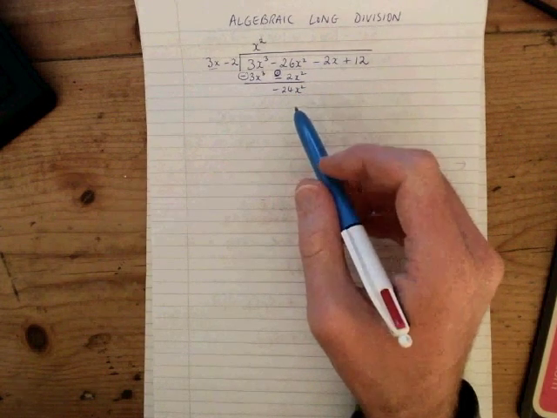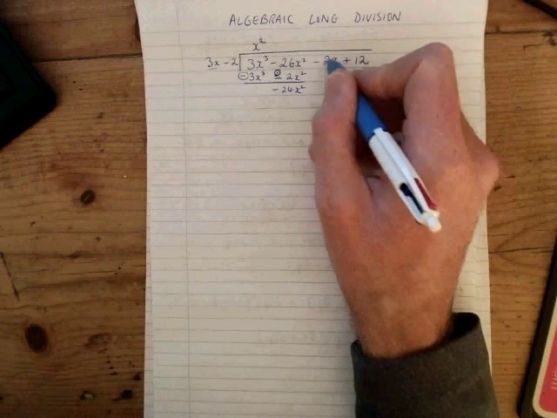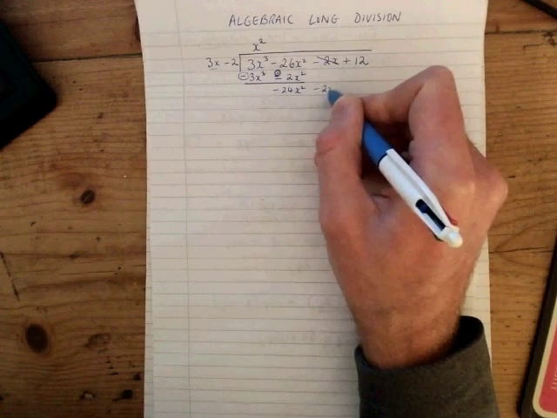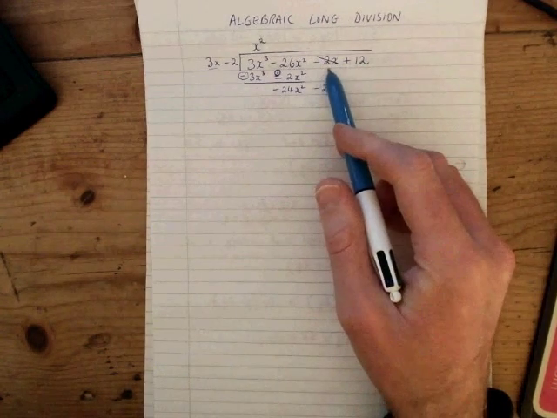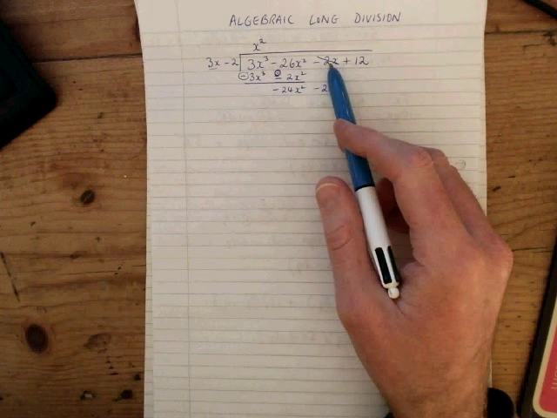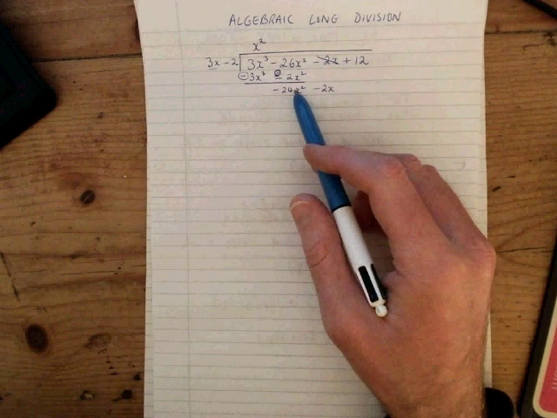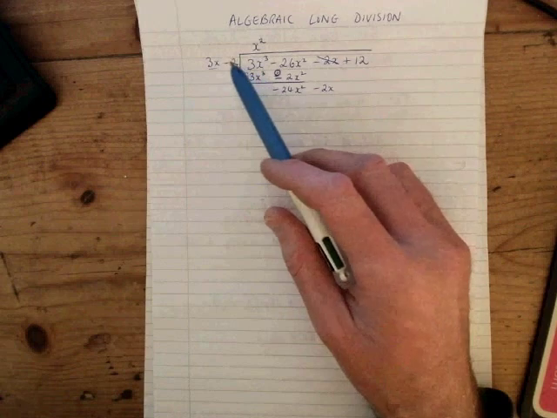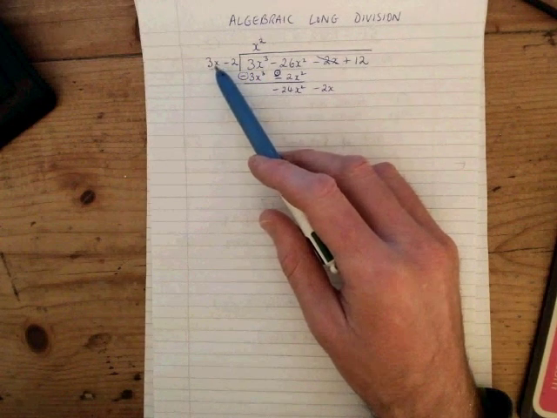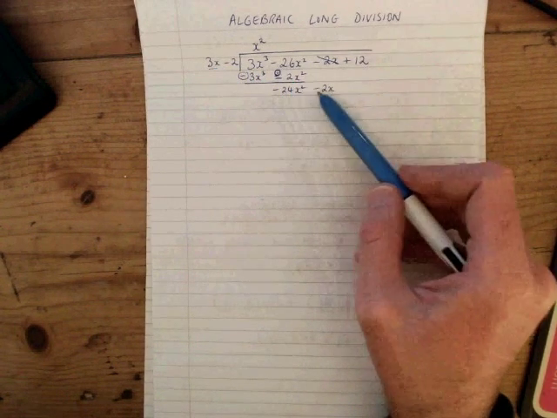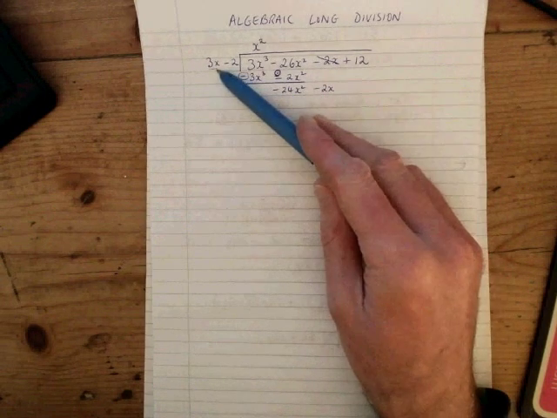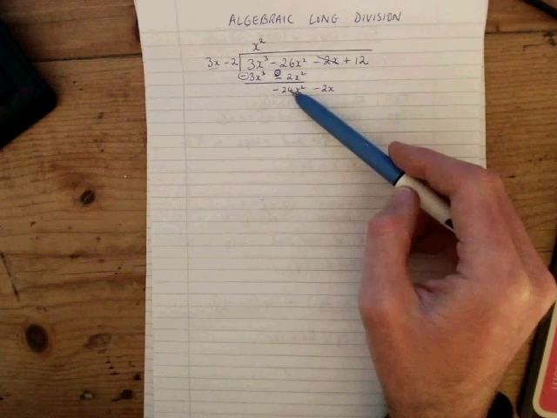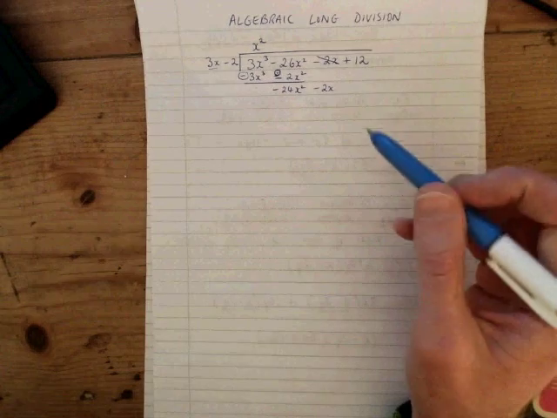Then we bring down the next term of our expression, which is minus 2x, down here alongside this. We're doing the exact same thing as we did at the very start. It's like a new problem now. We have 3x. How many times does 3x divide into minus 24x squared?